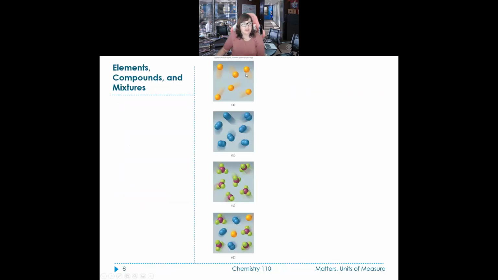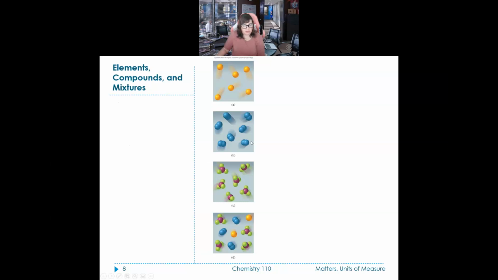Here are some things. What would I call A? Element, compound, or mixture? I would call A an element. Why would I call it an element? Because there's only one material in this box. They're all the same color, the same size, so that's an element. Now these in B are a little bit different.